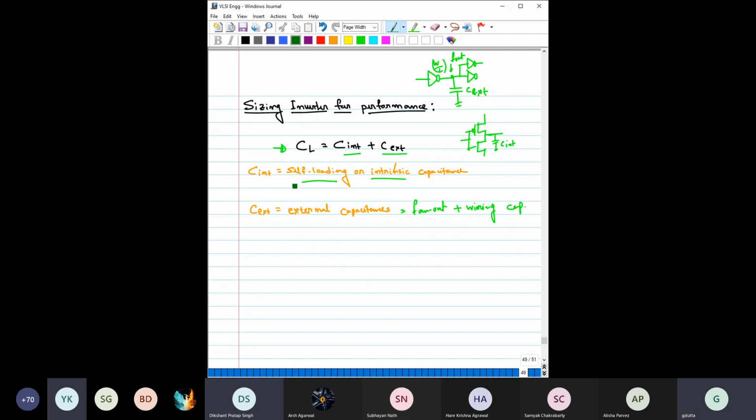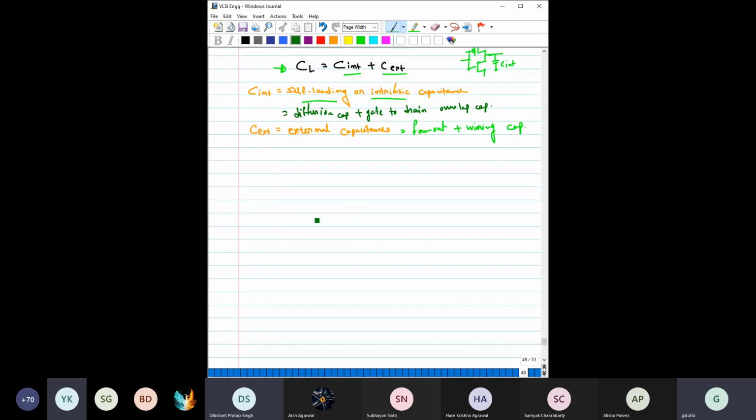And this self capacitance is basically the diffusion cap plus gate to drain overlap capacitance, right? We have discussed it a couple of times, but just wanted to recap here.